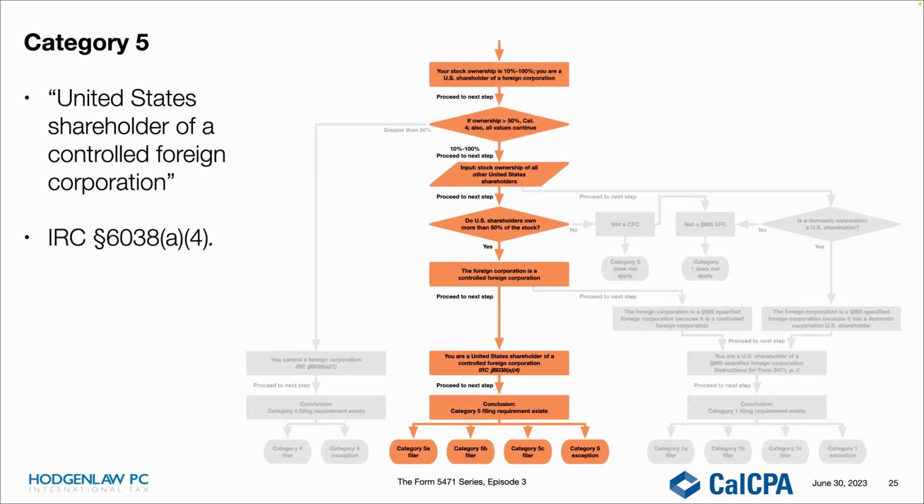The Code, again, doesn't call it category 5. The Form 5471 instructions do, but that's where it comes from. And now our only job is to figure out which bucket we're going to put you in, category 5A, 5B, 5C, or God willing, we'll find an exception. So that's the flow for category 5. Straightforward stuff.